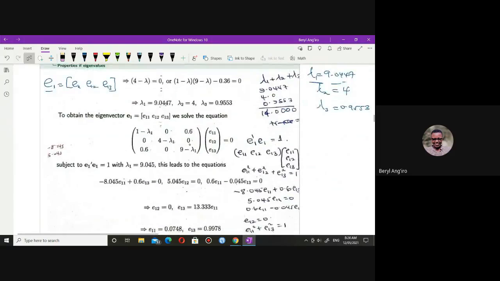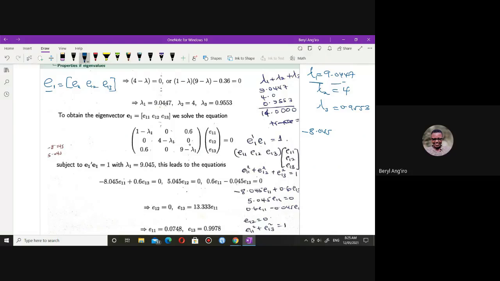So we have 1 minus lambda 1, 4 minus lambda 1, and 9 minus lambda 1. But lambda 1 is 9.0448. So 1 minus 9.0448 is negative 8.045.